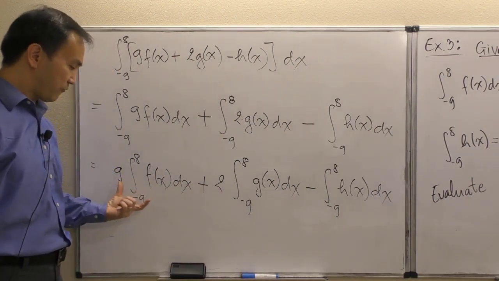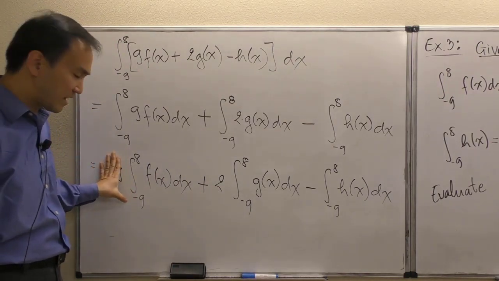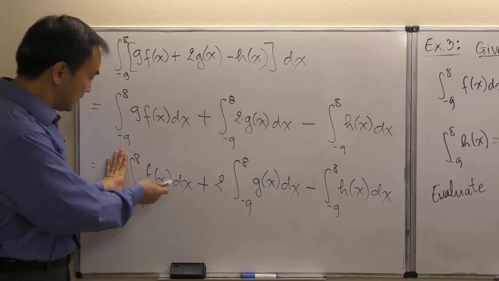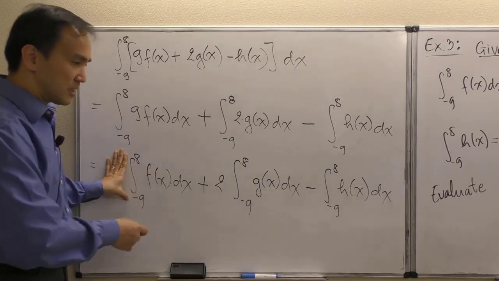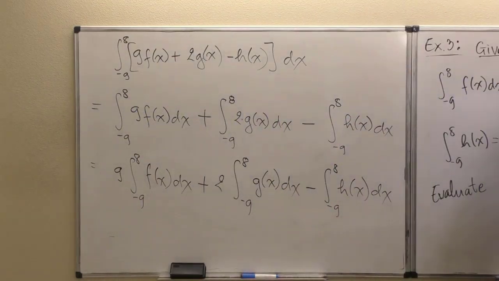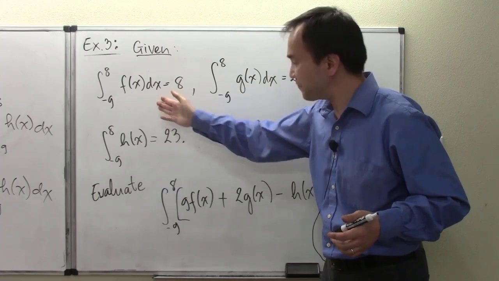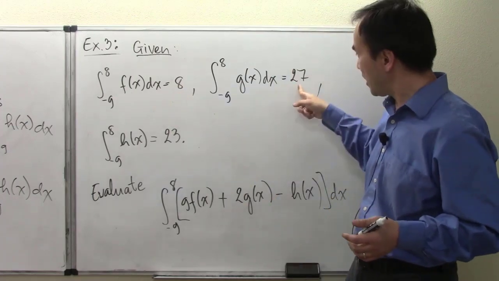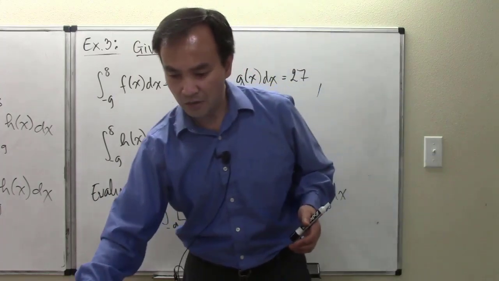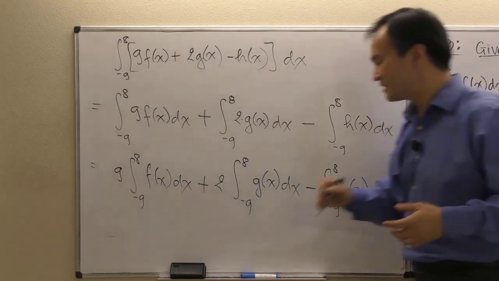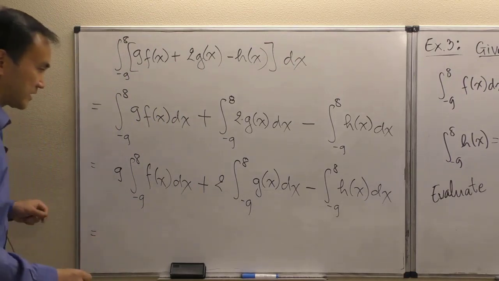Now if we observe a little further, aside from having that 9, we already knew the value for the integral from negative 9 to 8 of the function f of x, because it was among our given information. That is 8 here. The other one is 27, and this one here is 23. Having all of that given information, I'm ready to simply substitute values in.